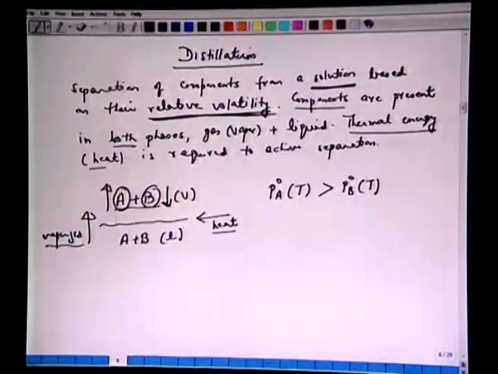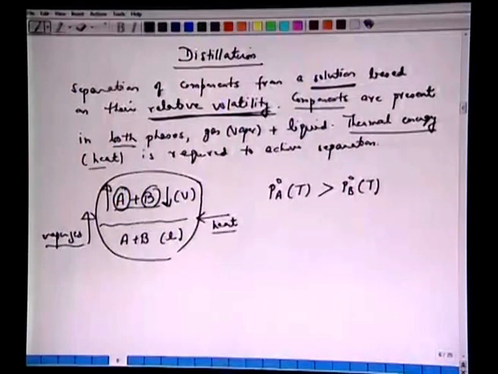So, this is the way we are going to do it. We take this mixture of A plus B, give them heat, energy, make use of the difference in the relative volatility or the vapor pressures to achieve the separation from one level, say Y1 or X1, to a phase which is rich, maybe in Y1, where Y1 is much larger than X1.